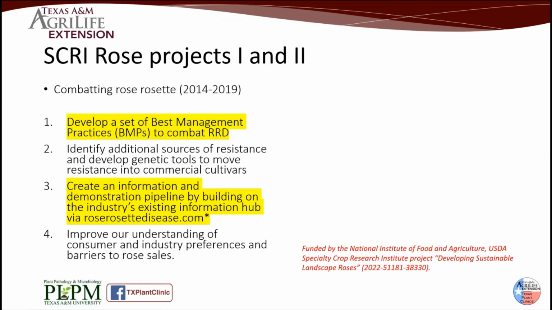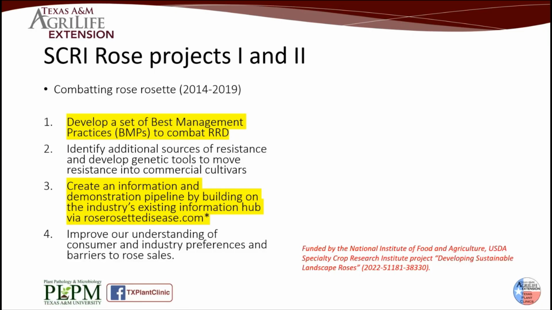Now, real quick to highlight, then I need to move on, is a compare and contrast of the two projects. The four objectives of that first project in 2014, Combating Rose Rosette, are listed above.